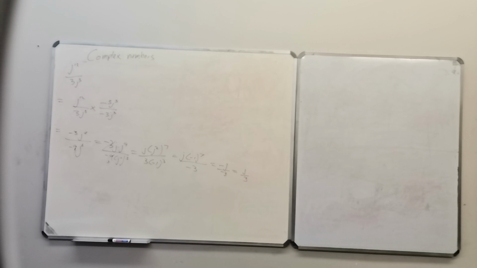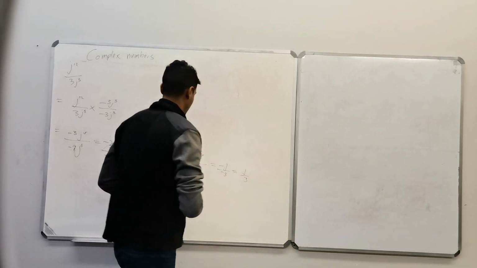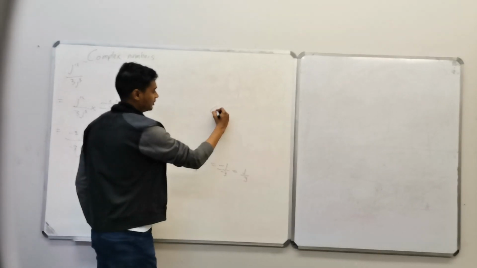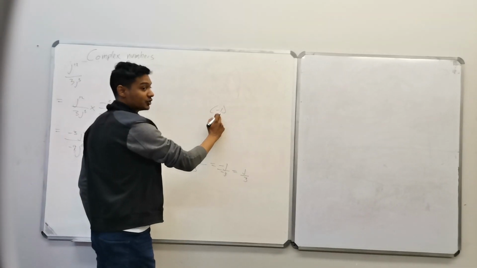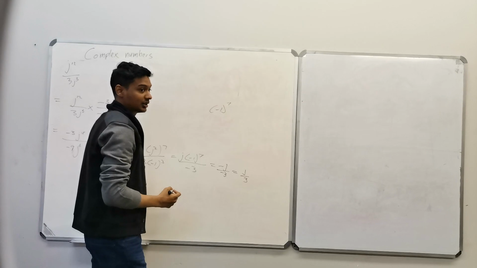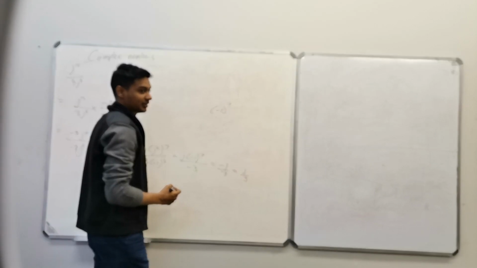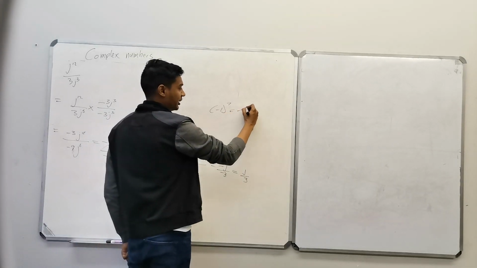Can you repeat again? After j minus 1 and 7 over minus 3, how could we get minus j over minus 3? Okay. So anything negative 1 to the power of an odd number is what? Remember what we said in determinants? It will be negative 1.